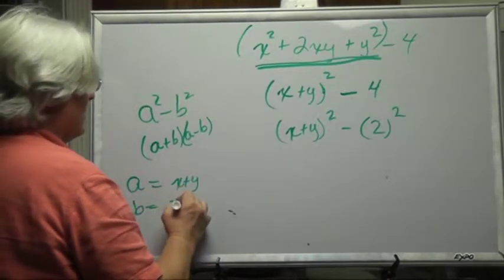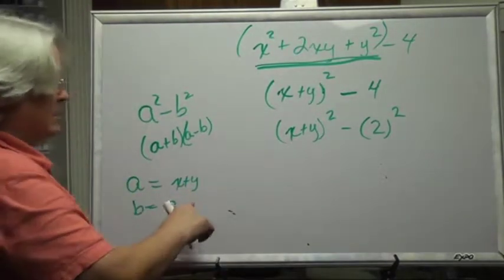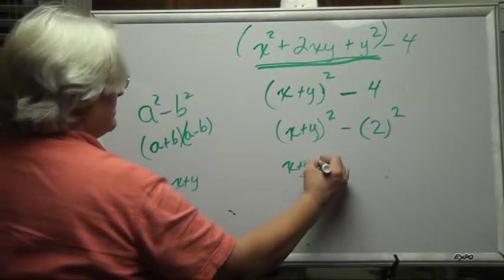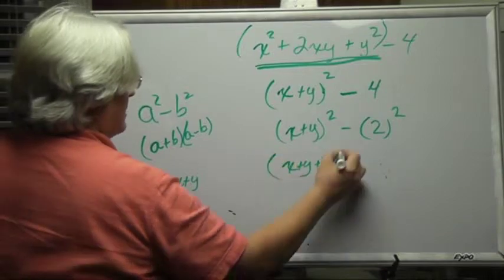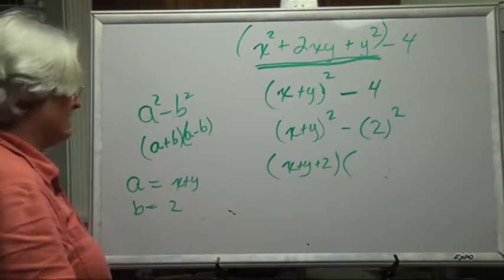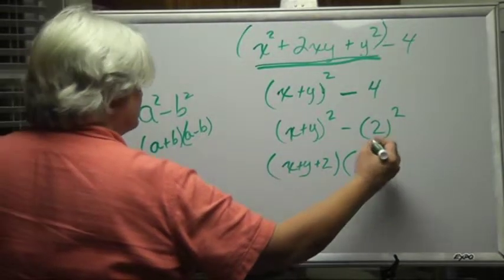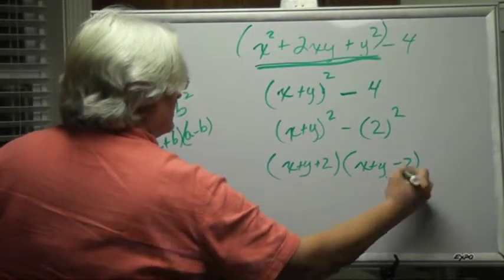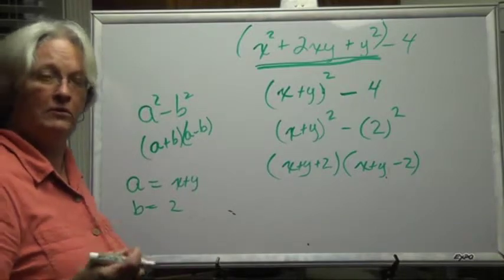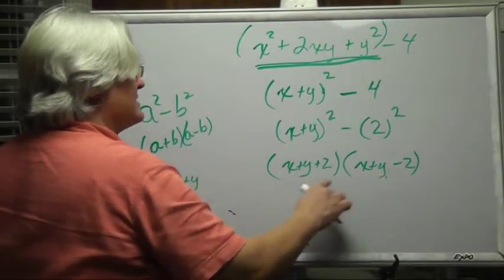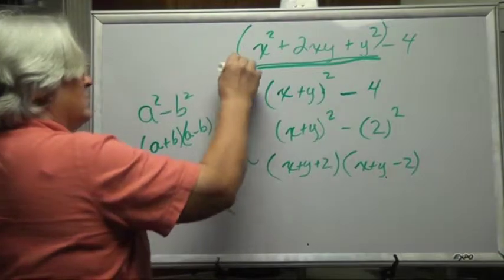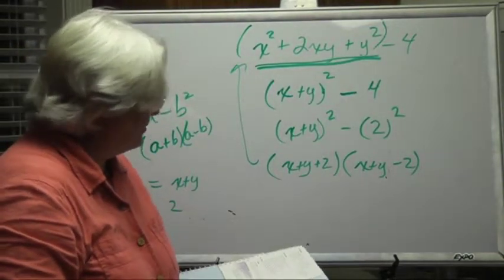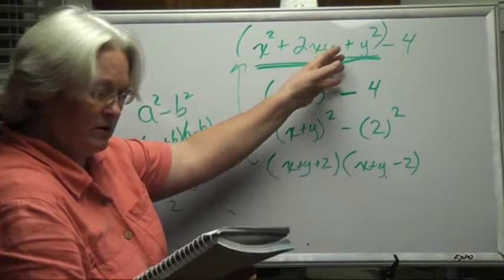So let's use our pattern. a plus b, where a is x plus y, is x plus y plus 2, times the first term, x plus y, minus 2. And believe it or not, if you multiply this out, you are going to come up with this original trinomial.